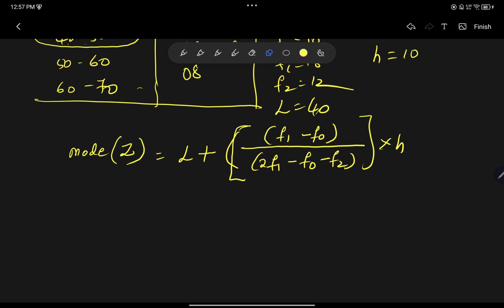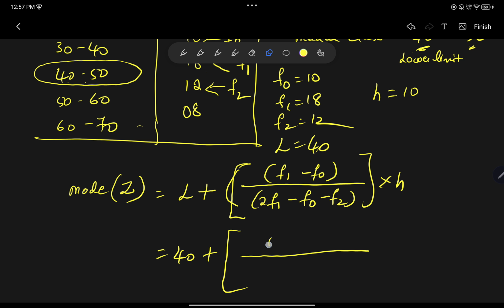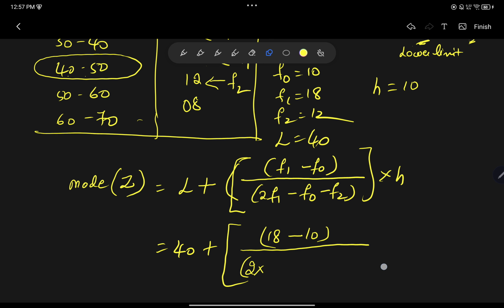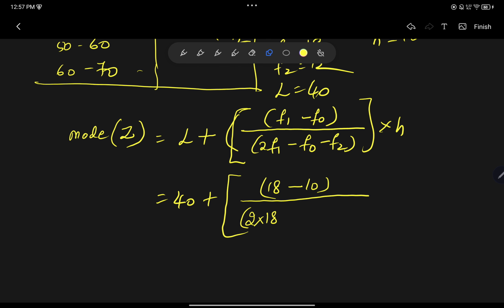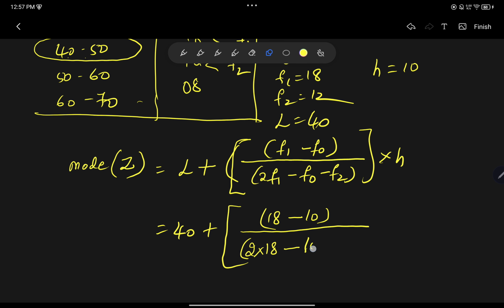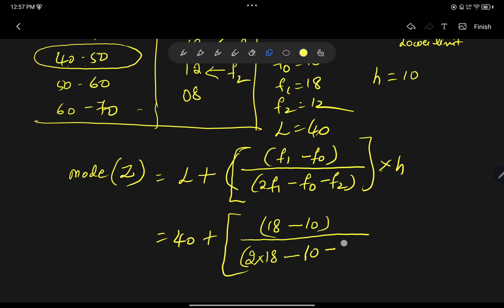So what is the L here? 40 plus f1 is 18, f0 is 10. Okay. Next, 2f1 means 2 into, you have to multiply f1 2 times, minus f0 is 10, f2 is 12. Next, into h is 10.